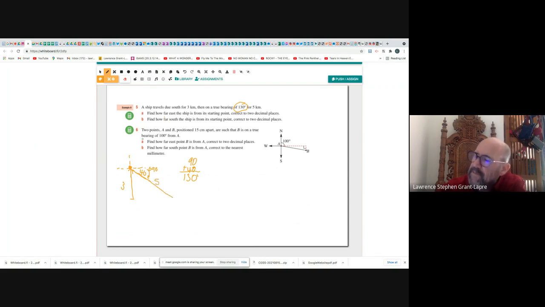Now, if this is 40 degrees, that is 50 degrees. And we want to know how far east the ship is from its starting point. Now, east, it finishes 5.